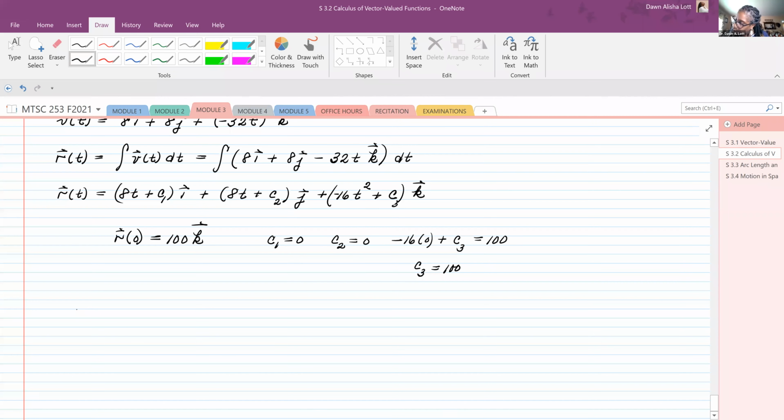R of t is equal to 8t i plus 8t j plus 100 minus 16t squared k. Yep, that would be it.